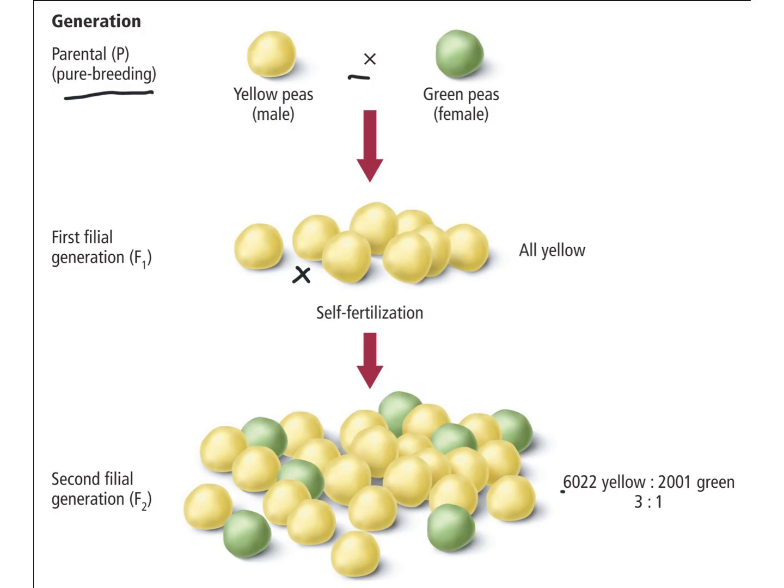So Mendel counted 8,000 peas, which turns out to be about a 3-to-1 ratio, 3 yellow to 1 green. Mendel did this experiment with all 7 traits, found pure breeding plants for each trait and crossed them. The F1 generation was all the dominant trait, and then in the F2 generation, the recessive trait showed up again.